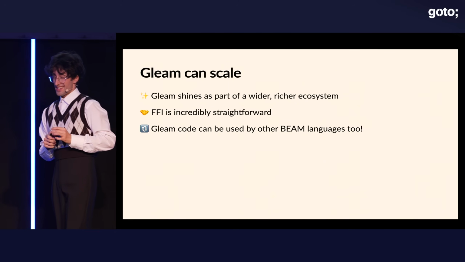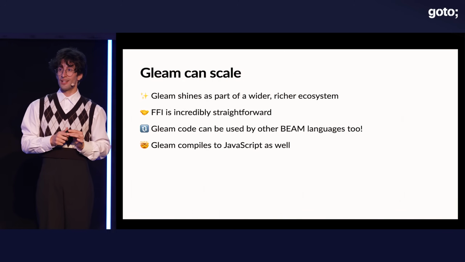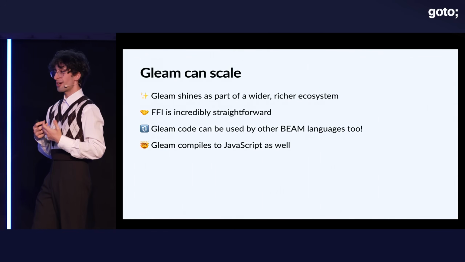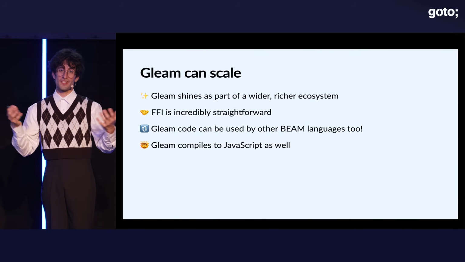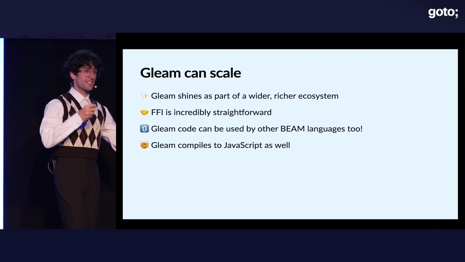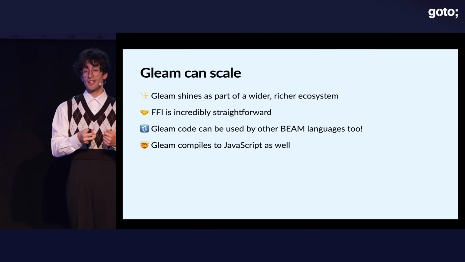And another really nice thing Gleam has going on is that Gleam can compile to JavaScript as well. So you have two different compilation targets here. And that makes for a really nice full-stack development story. Because on the backend, you can use the Beam. You can use this amazing battle-tested runtime that has proven great for many, many workloads.